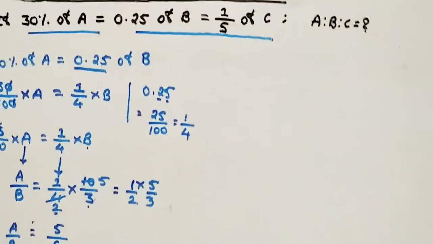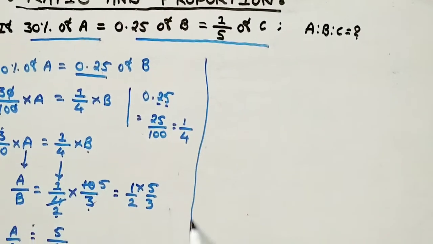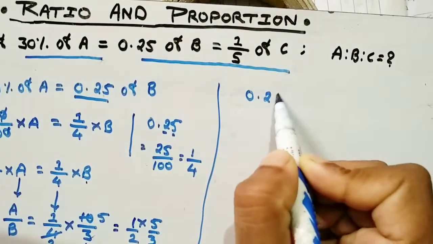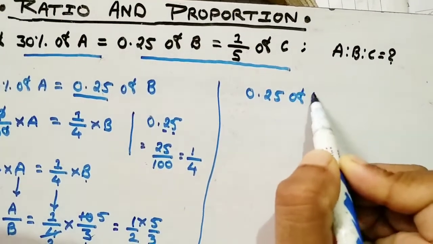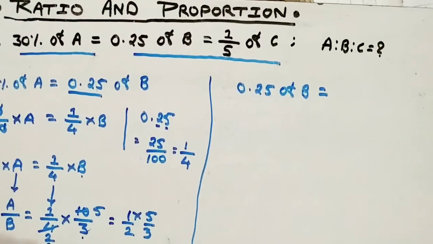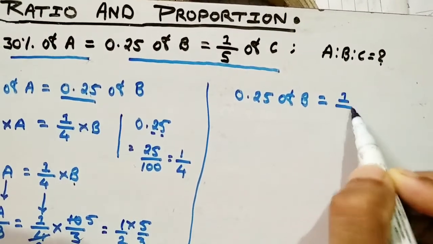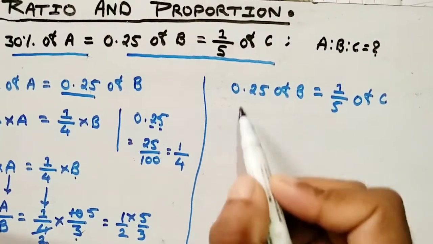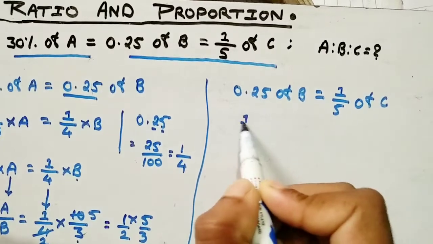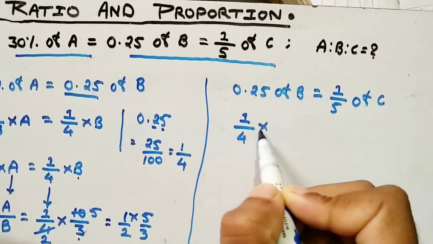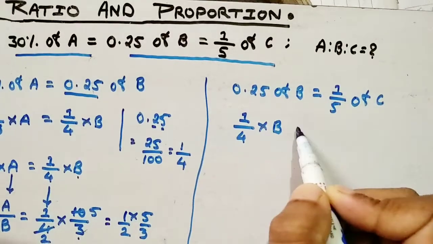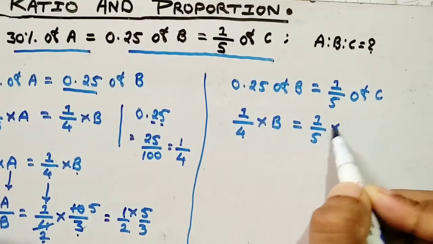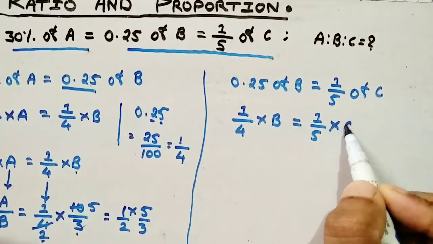Firstly I write here 0.25 of B is equal to 1 by 5 of C. So again 0.25 means 1 by 4 of, that is multiplied with B, and 1 by 5 as it is of, again meaning multiplication with C.